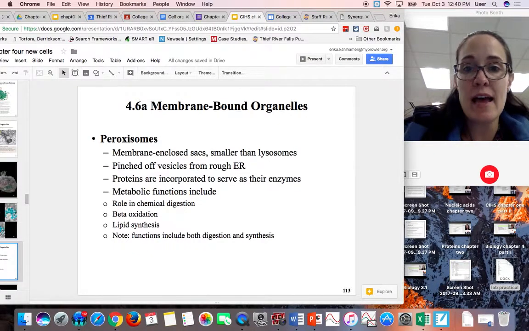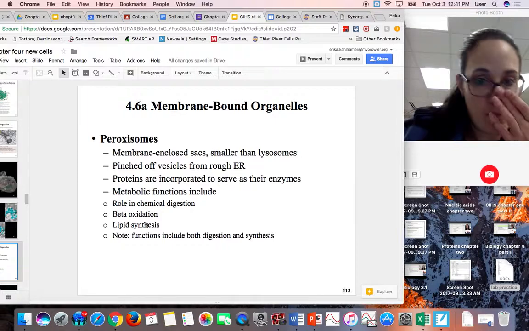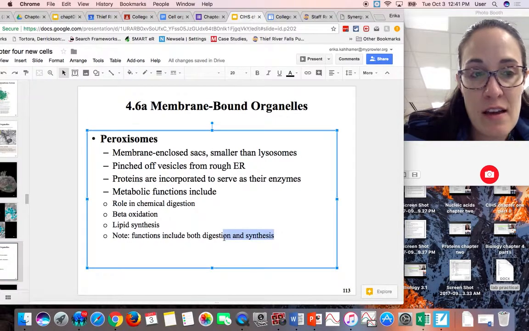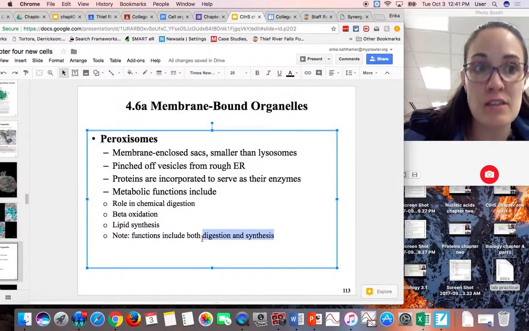They're membrane-bound sacs. They also have enzymes within them, but there are different functions for those enzymes. These enzymes are going to participate in digestion, oxidation reactions, and making lipids. So their functions aren't to digest bad things, but to help in food digestion and making fats.